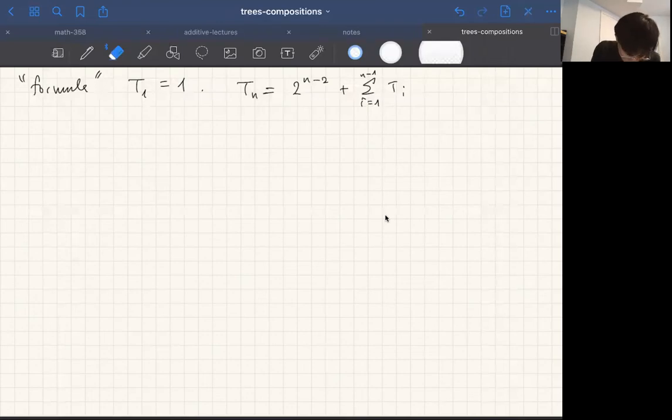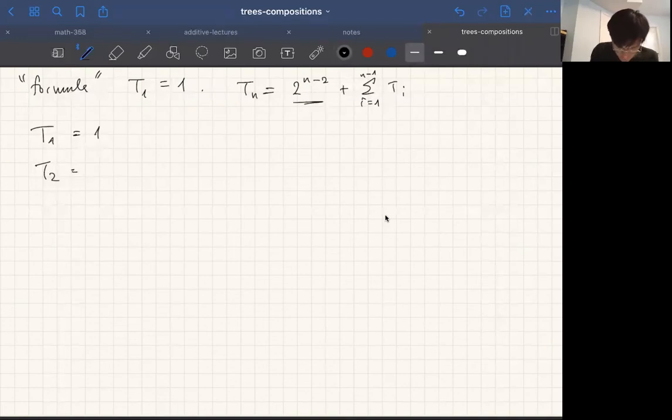Okay, let's just look at it. This is the naive way of looking at it. So T1 equals 1. T2, if we look there, 2 to the n minus 2 is 1, plus T1, so that's 1.